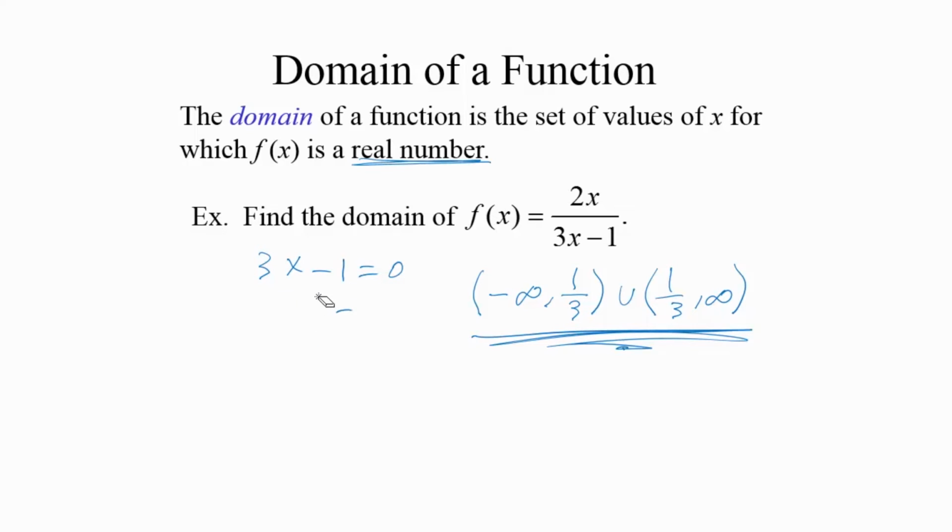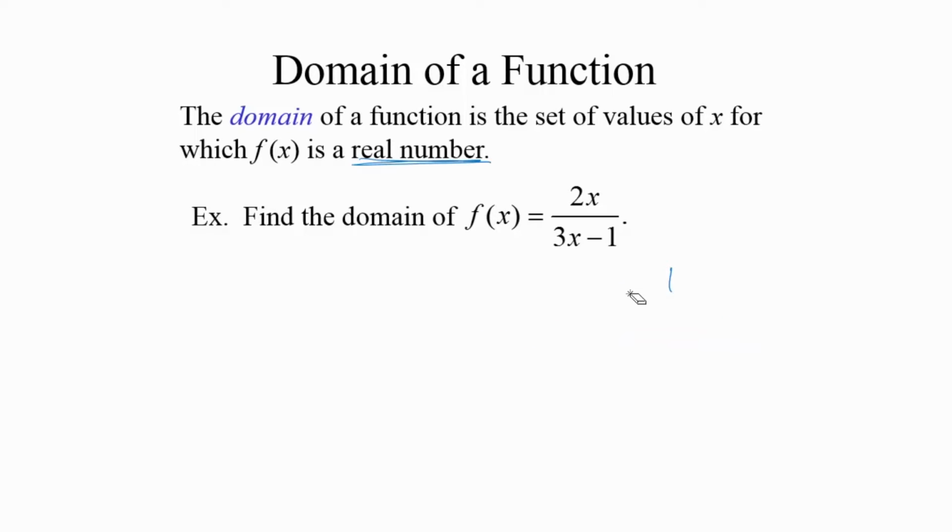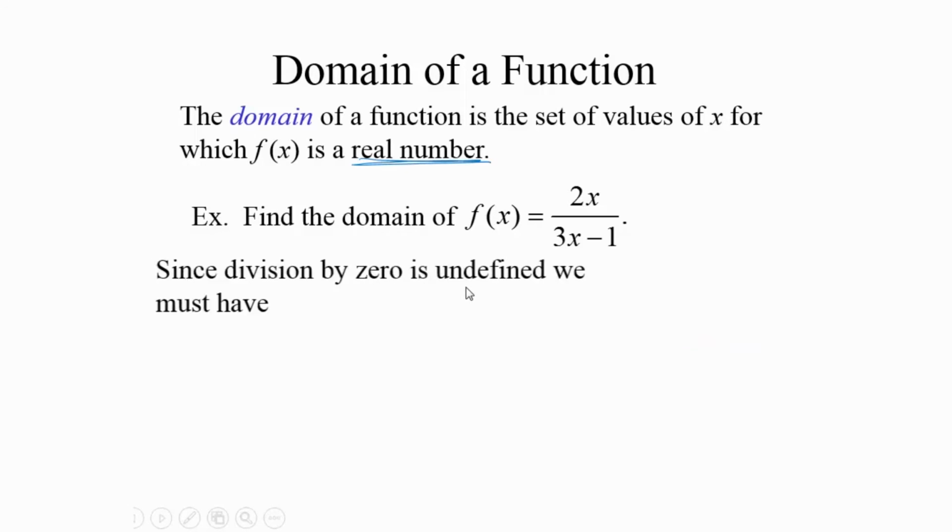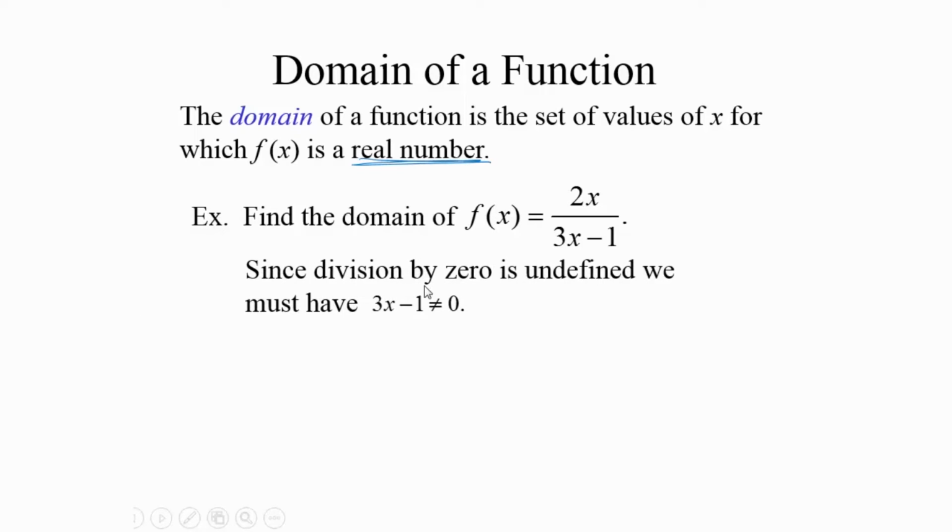So let's look at what they have done. Since division by 0 is undefined, we must have 3x minus 1 not equal to 0. So what makes 3x minus 1 zero should be excluded.